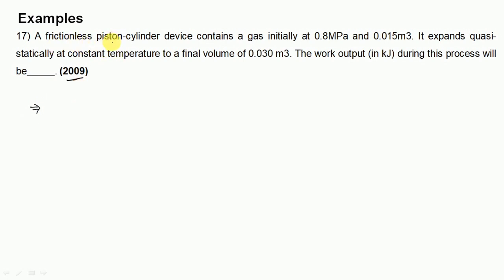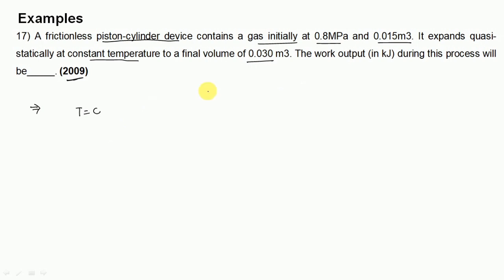A frictionless piston-cylinder device contains gas initially at 0.8 megapascal and 0.015 meter cube, set up practically at constant temperature. So temperature is constant for an isothermal process. And the final volume is 0.03 meter cube. You need to find the work.